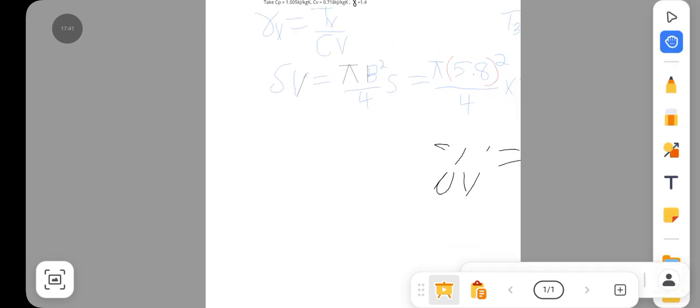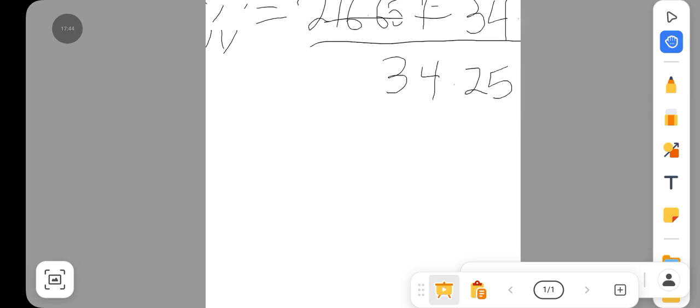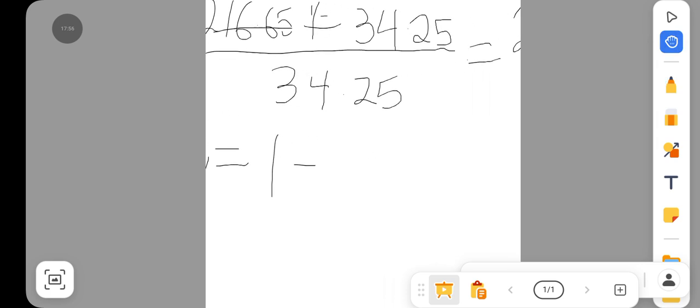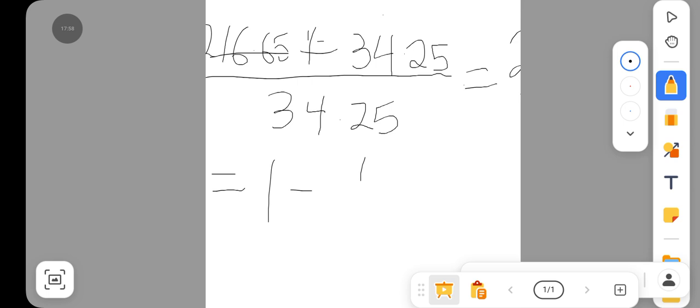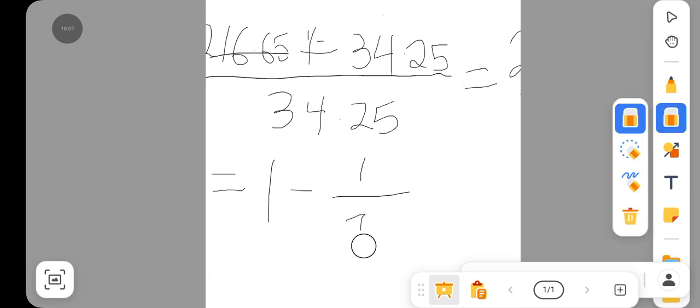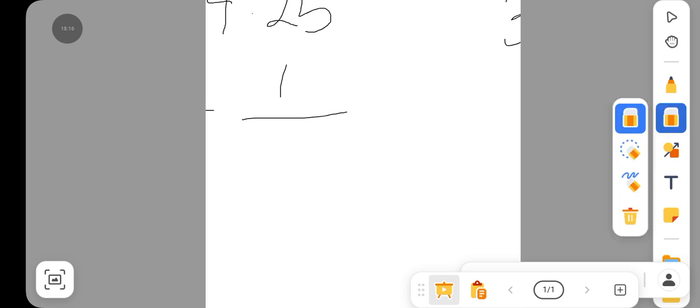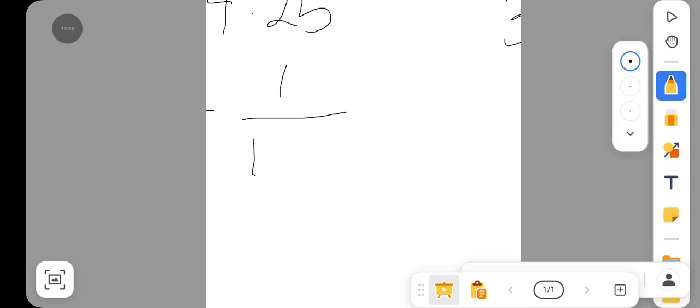So here we will know that our cycle efficiency is equal to 1 minus 1 over 7.33, which is our compression ratio.